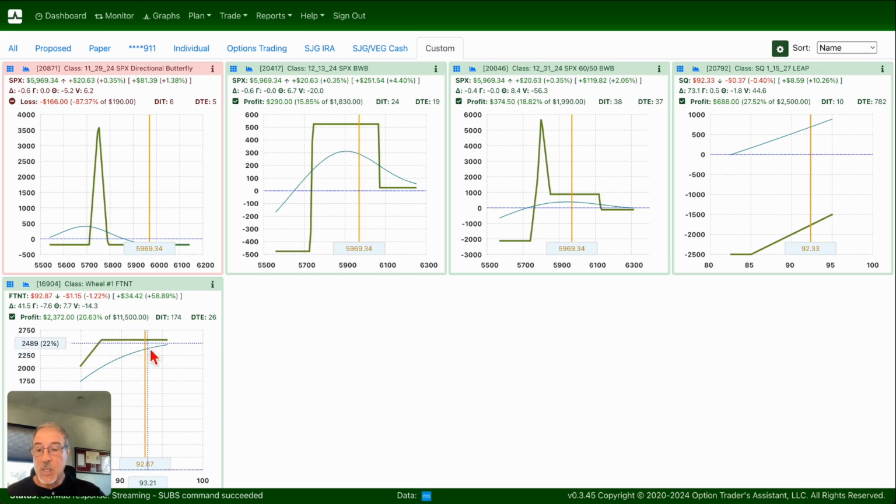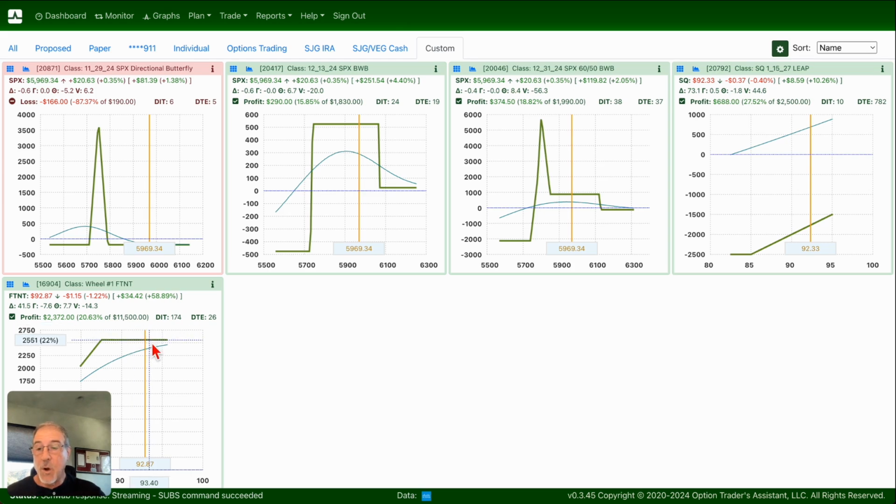And then once this put deteriorates, loses its value, adds more profit in here, I'll be up about $2,600 in this trade, and I'll roll that put yet again. So I've been rolling those short puts monthly, just taking in premium as I roll them, awaiting to get assigned on FTNT at some point.